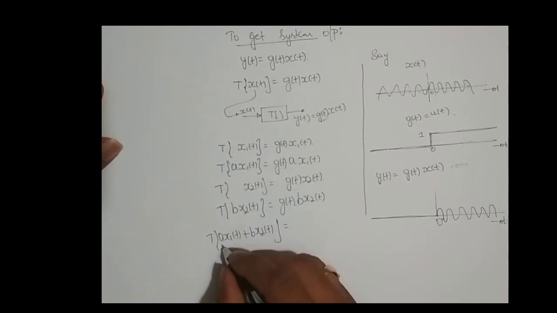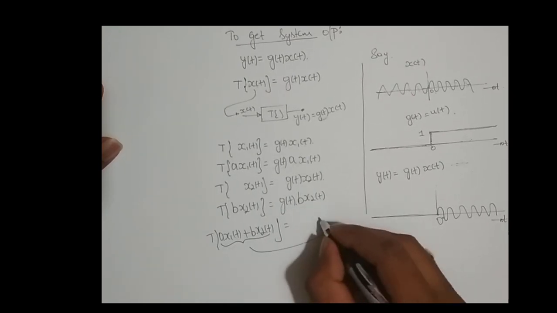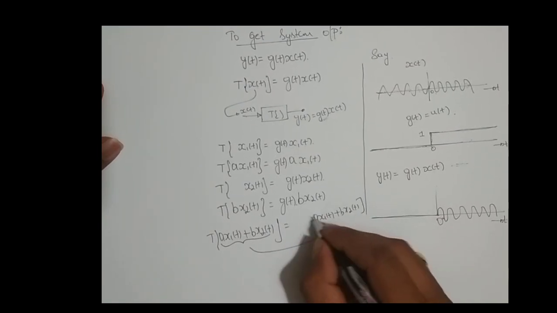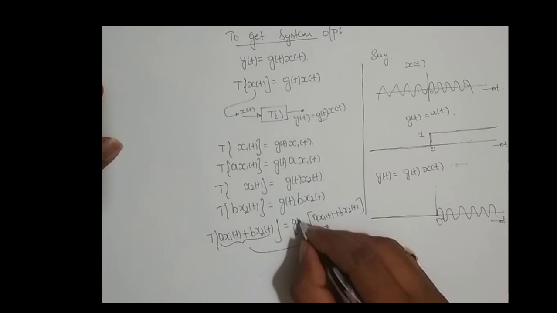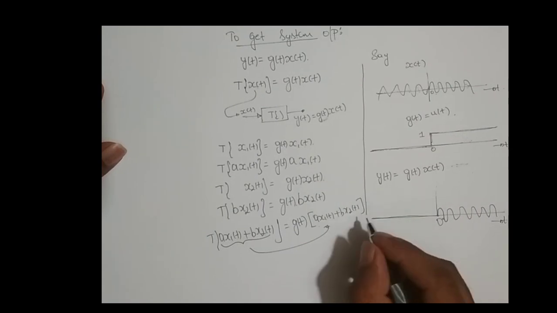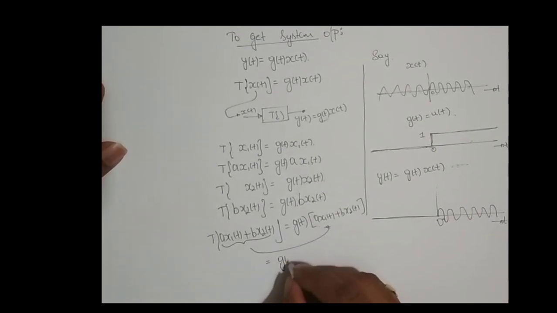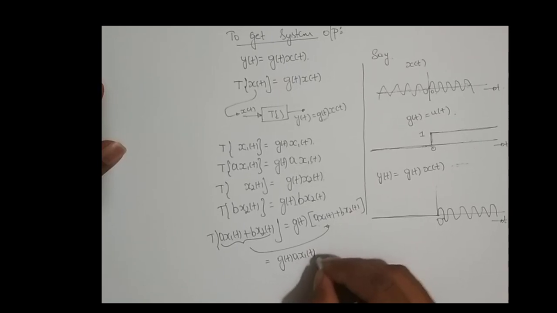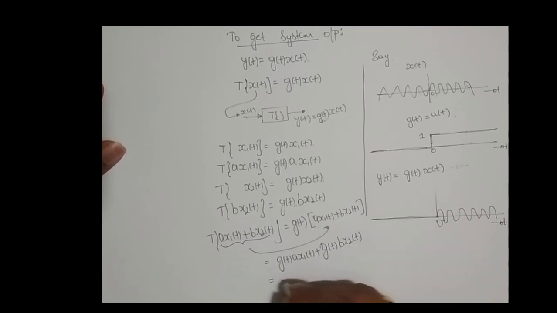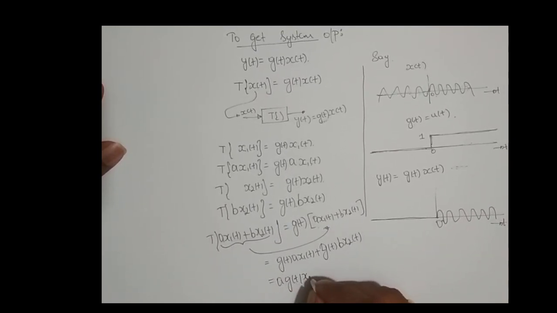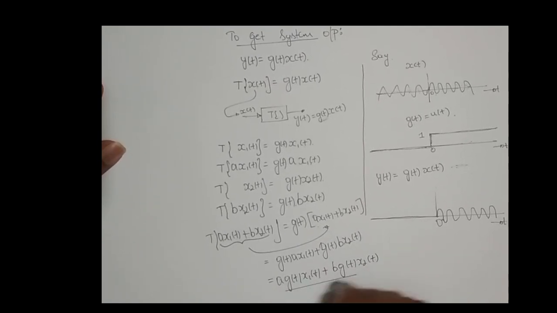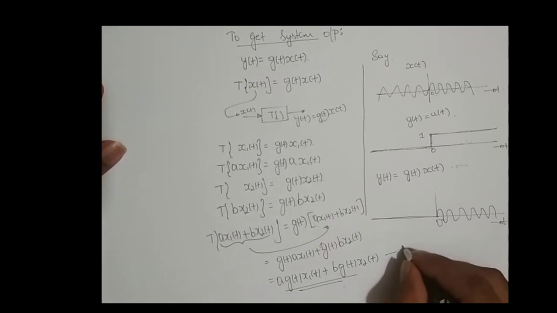Whatever signal I feed, which is a times x1 of t plus b times x2 of t, g of t gets multiplied. Now if I simplify this, g of t into a times x1 of t plus g of t into b times x2 of t, I'll rearrange it: a times g of t into x1 of t plus b times g of t into x2 of t. So this is the system output, which I call equation number 2.